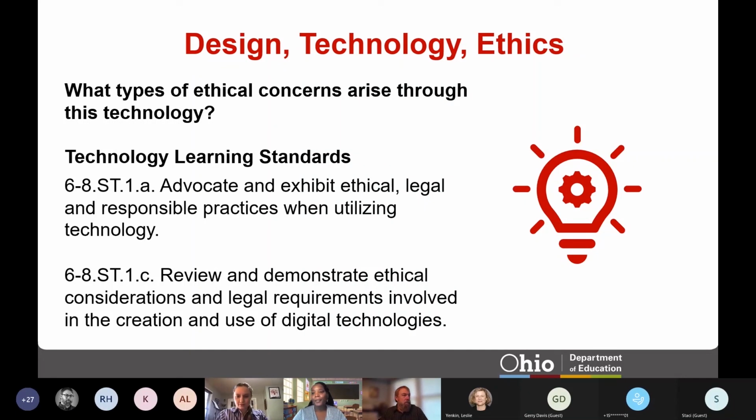For ST1A, when you're considering that precision agriculture, the manufacturer and the end user must exhibit ethical, legal, and responsible practices. So your students should consider if the manufacturer or the end user are using ethical practices, and that can make for a very rich debate. For ST1C, all involved should review and demonstrate ethical considerations in creation, the manufacturer, and use, which would be the end user of these digital technologies.